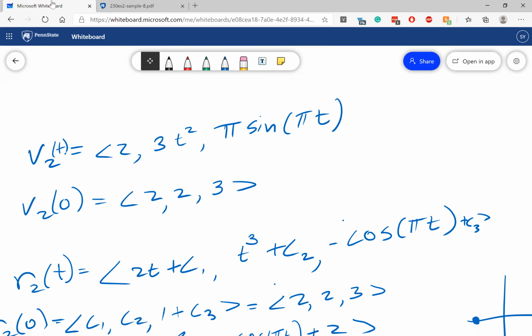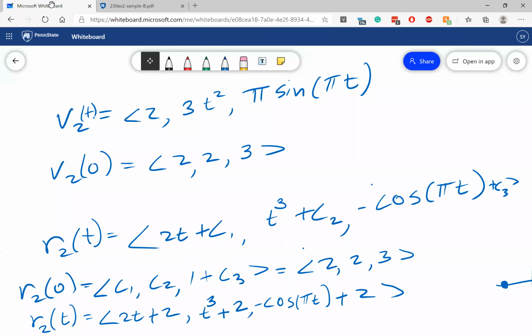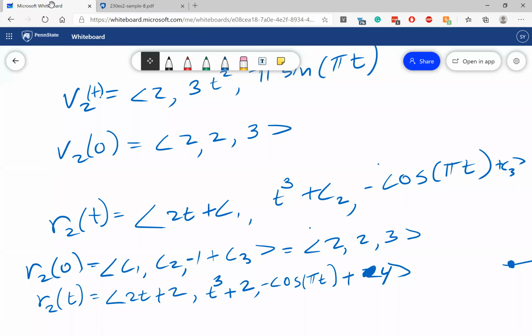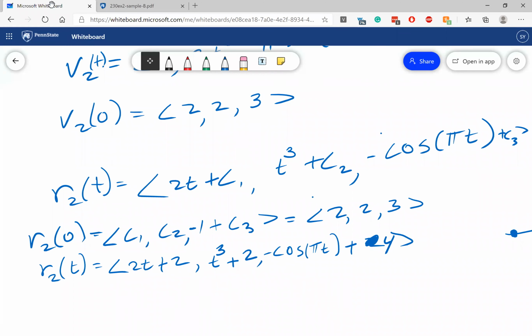Oh, sorry, you're right. I thought I was doing 1. I apologize. So this would be negative, okay, and this would be 4. Yeah, is this correct? Yeah, I think so. That looks right. Okay, perfect. So that's our R2.